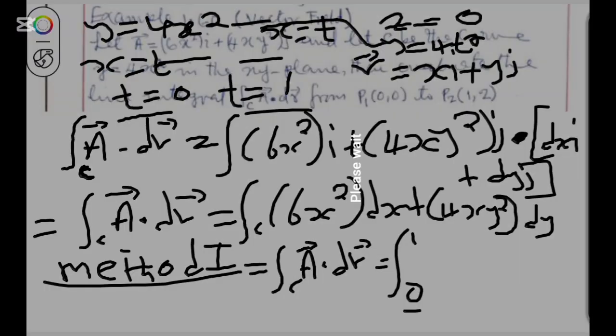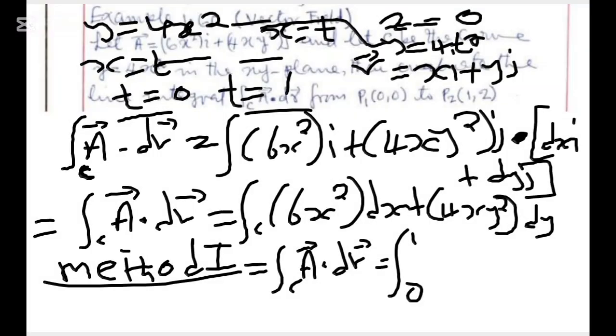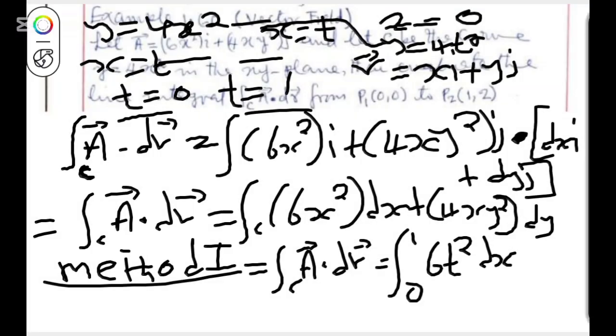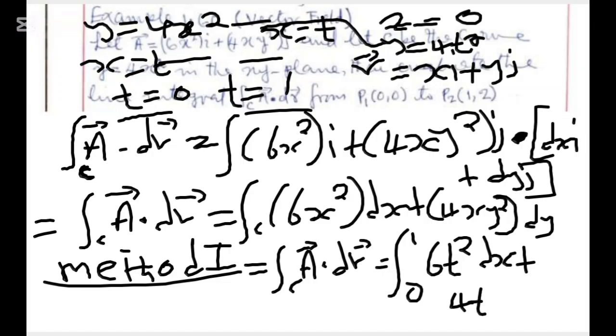So this 6x squared will now turn to 6t squared dx. Then I have to say plus 4x. So 4x should now turn to 4t. Don't forget this is 4x, so 4x should now turn to 4t. You have to take note that this is y squared, but y is the same thing as 4x squared.